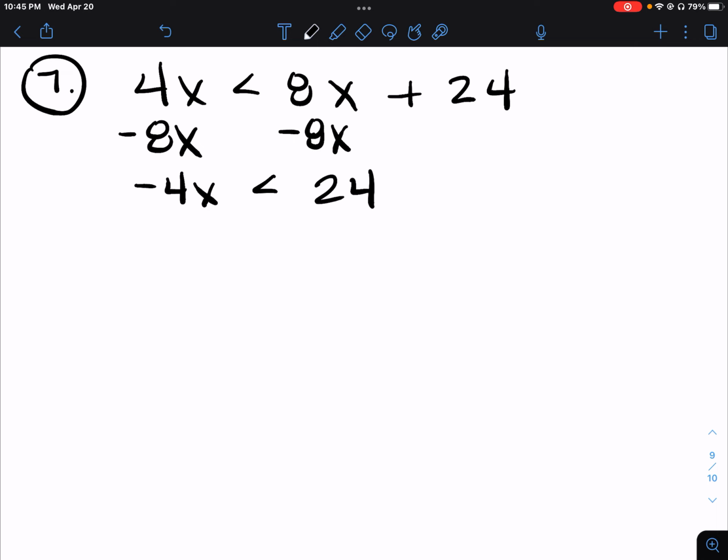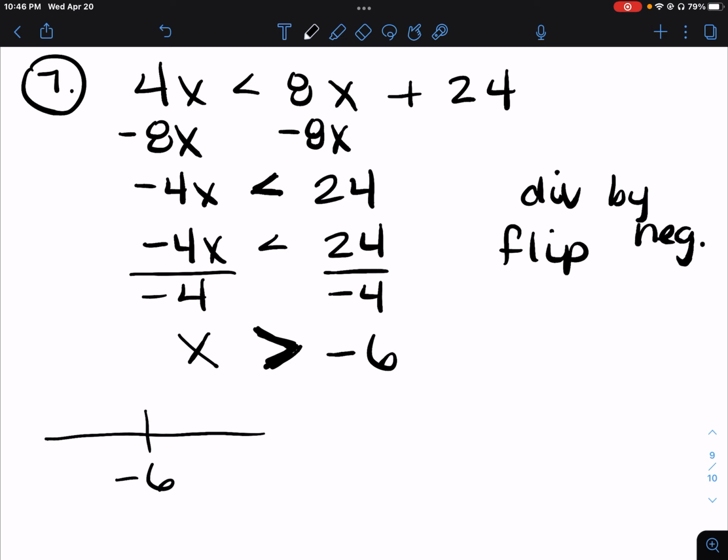Now when you subtract, the symbol stays the same, but now we're going to divide by -4 on both sides. When you divide by a negative, you flip. So this is going to turn the other way. A positive divided by a negative is a negative.